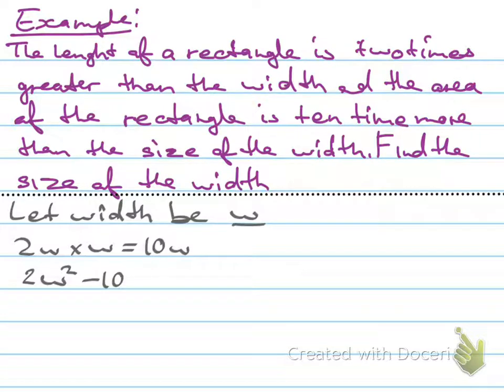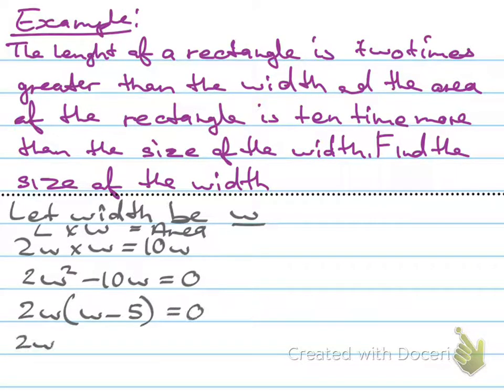So the area, which is length times width, gives you your area. So we say 2w times w is equal to 10w. So it's going to be 2w squared, so 2w squared minus 10w is equal to 0.